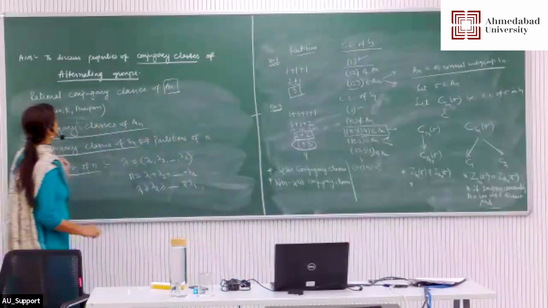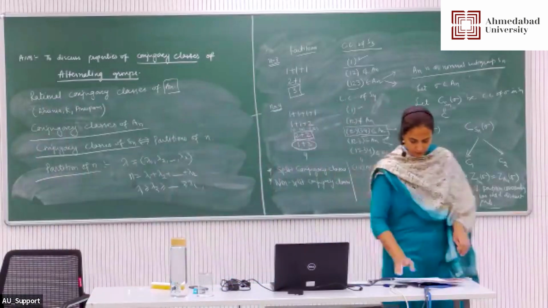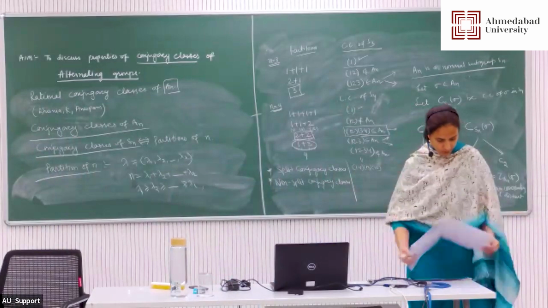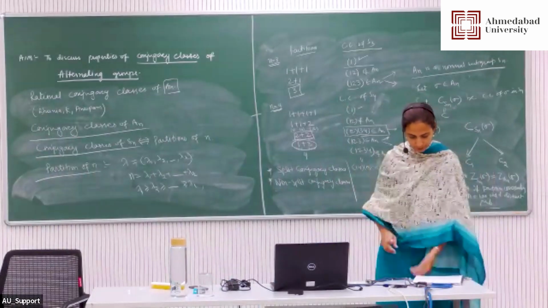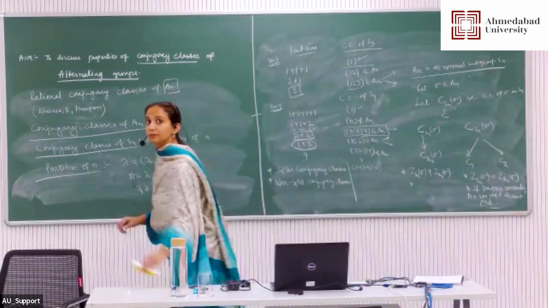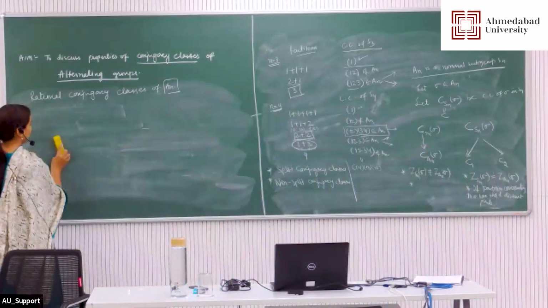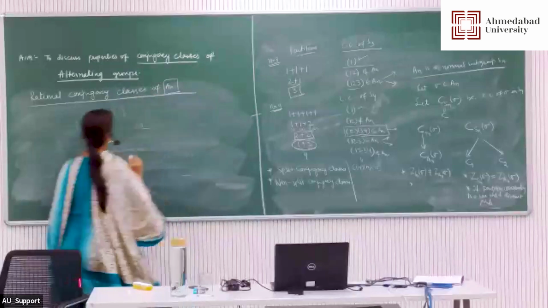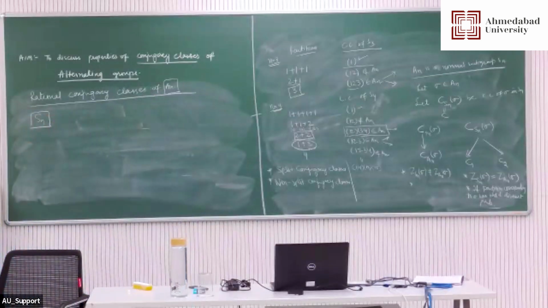Okay. So next we want to find rational conjugacy classes of An. First of all, Sn is a very nice case. All conjugacy classes of Sn are rational.